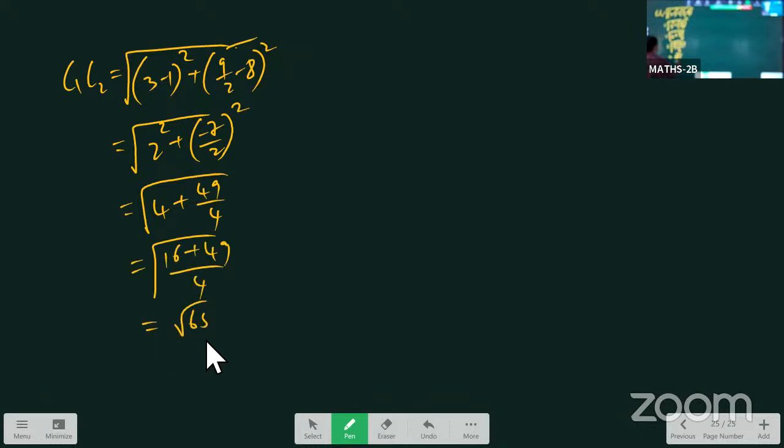Again, root 65 by 2. C1C2 I got root 65 by 2.